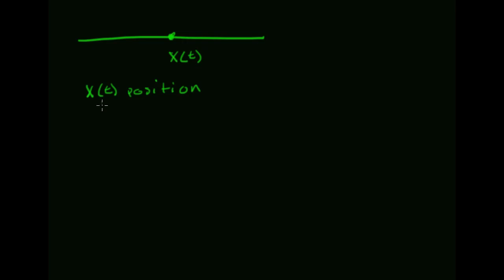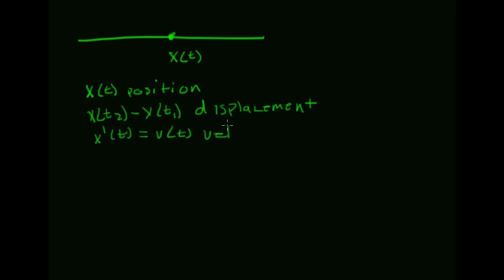If I take x at t2 and I subtract x at t1, this is an indication of displacement. X prime of t, sometimes called v of t, is the velocity at time t.